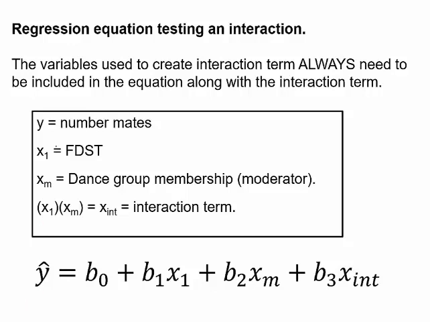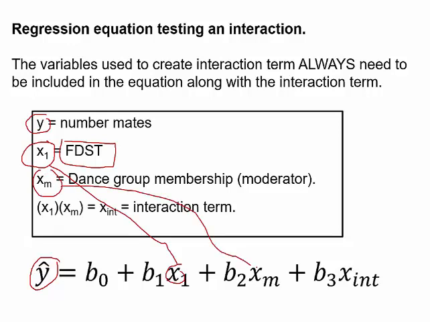So in my example here, y was the number of mates that a frog got. And so predicted y hat, that's the predicted score for how many mates the frog got. x1, that's my target variable, which is the froggy dancing skills test. That's the test I want to validate. And so everyone has a score for x1. And then the moderating variable is the dance group membership, either a 0 or a 1. And that goes there. And then I've created this interaction term.